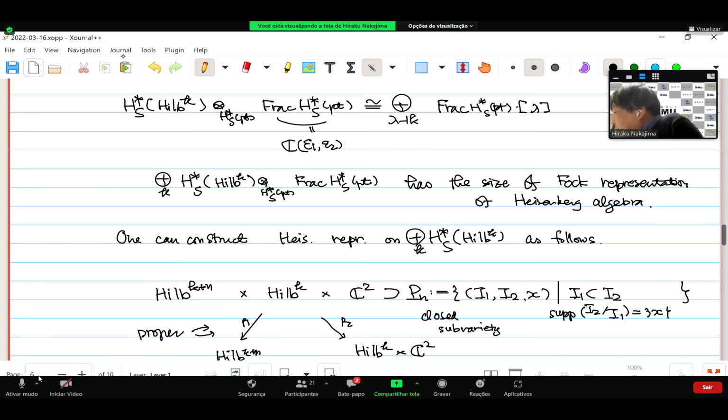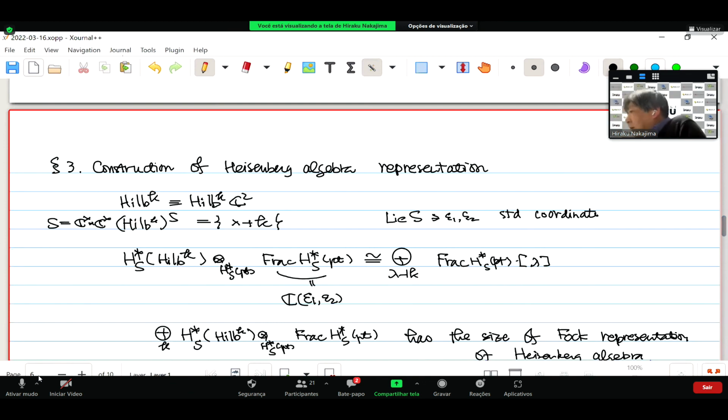But for the higher rank case, the situation is much more subtle. I mean, maybe you heard about the result of Donaldson. Donaldson used the moduli space of instantons to detect very fine differences of four-manifolds.